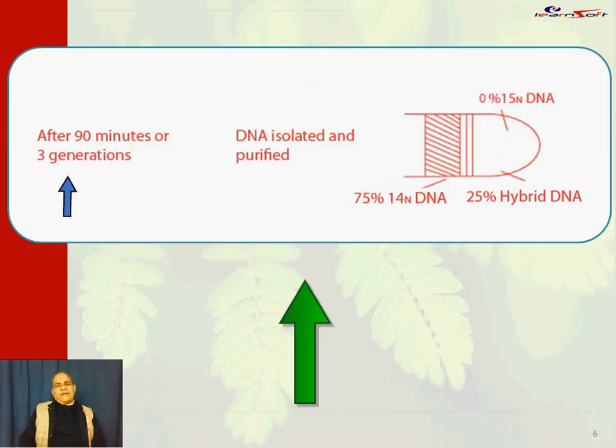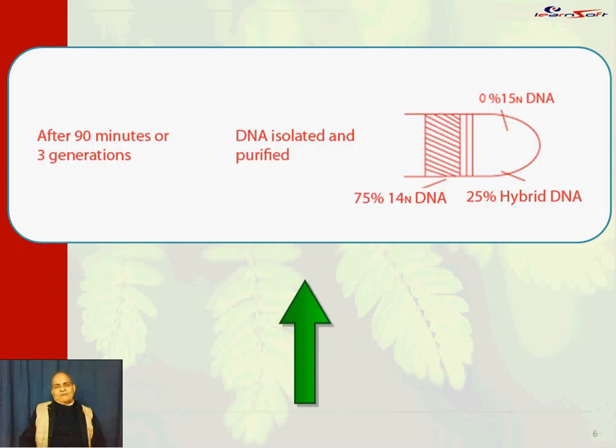Then you will see in the third generation, after a gap of 90 minutes of transferring the E. coli from 15N to 14N, that proportionately the 14N DNA is now 75% and the hybrid DNA is 25%.